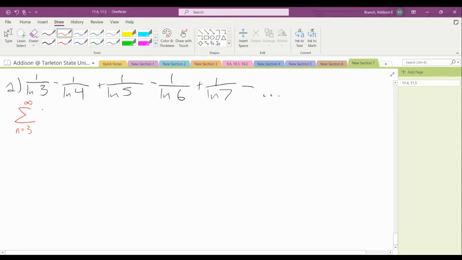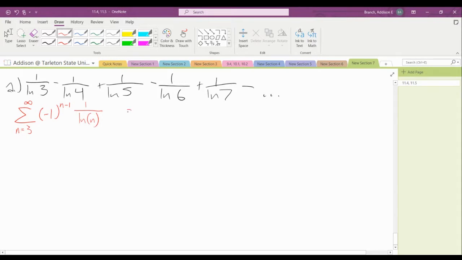All right, so we know we're going to have a -1, and we know that we are starting off with it being positive, so let's do an n minus 1, since that's going to get us a positive for our first term, times 1 over the natural log of n.